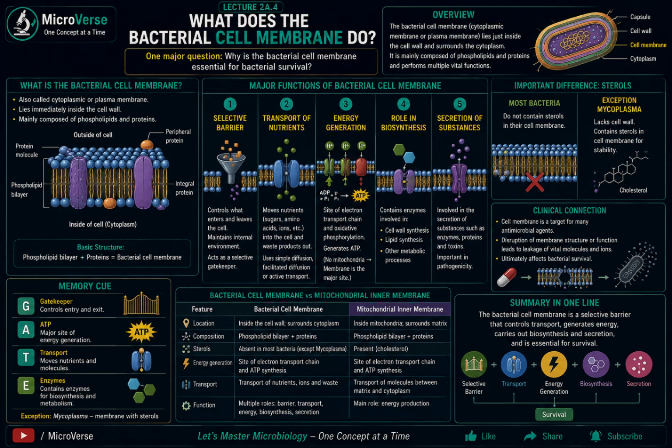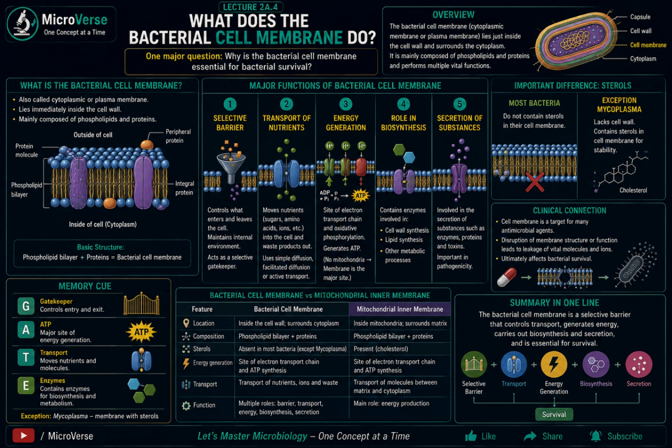And one exception is mycoplasma, meaning membrane with sterols. Then, if asked what are the major functions of the bacterial cell membrane, remember selective permeability, transport, energy generation, biosynthesis, secretion, and if asked which bacterium contains sterols in its cell membrane, your answer is mycoplasma.